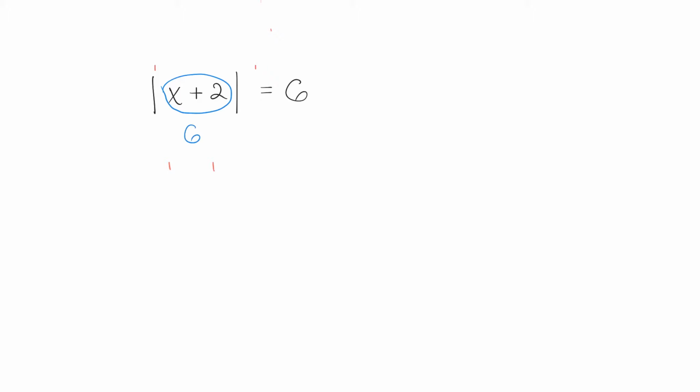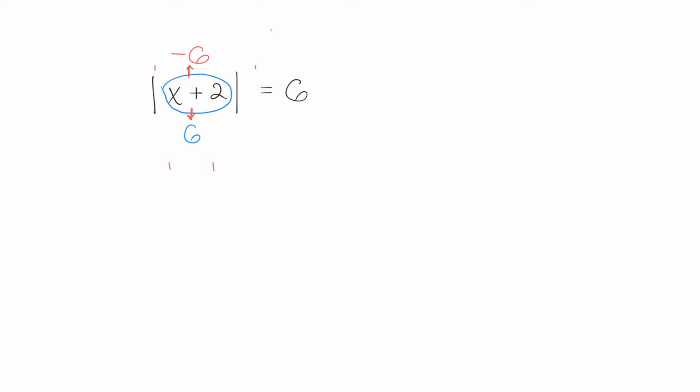Well, 6 has an absolute value of 6, and negative 6 has an absolute value of 6. So that means that we need x plus 2 to equal 6 and to equal negative 6, because both of those numbers have an absolute value of 6.